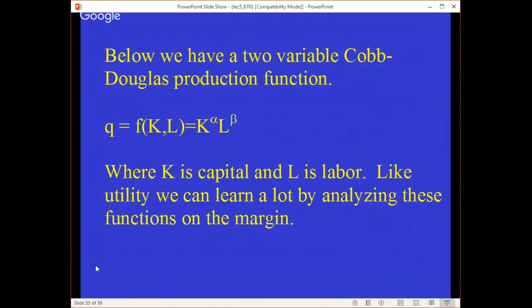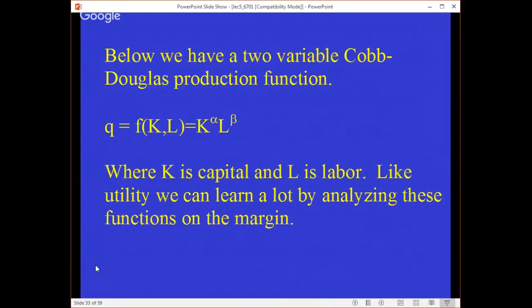You remember we had a Cobb-Douglas utility function. Well, this is a Cobb-Douglas production function. And this is actually originally what Cobb and Douglas did. There were two economists back in, I think, the 50s. And they basically looked at different firms and the relationship between capital and labor. And they took the data they collected and they gave it a functional form.